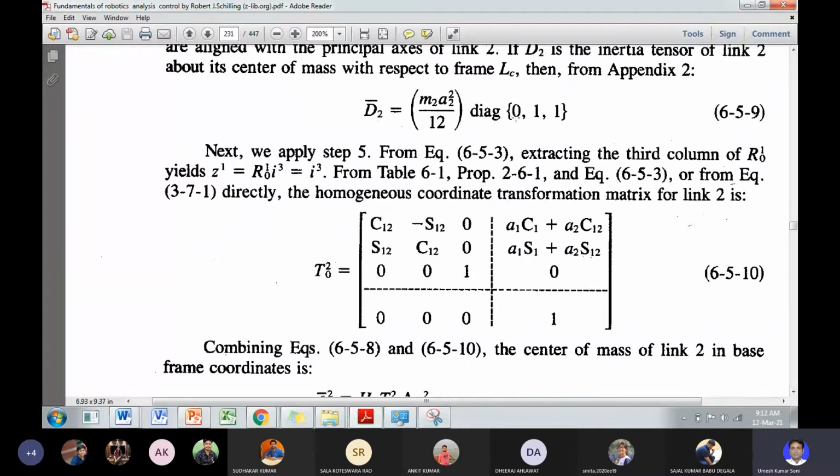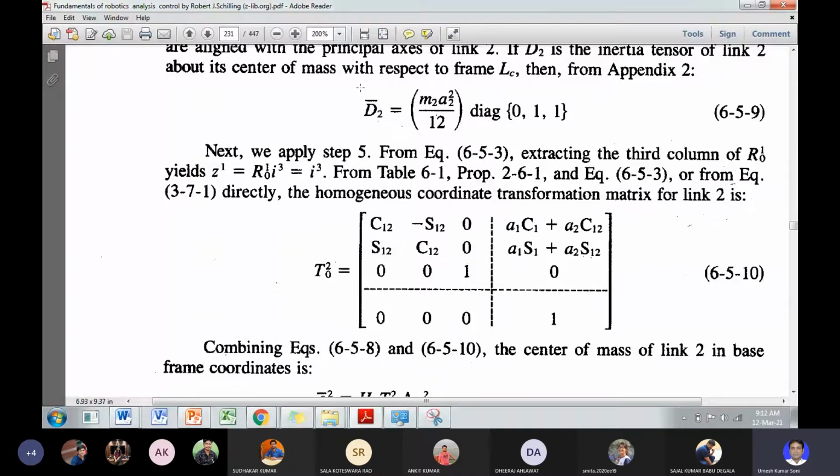This is the equation for D2. So now you calculate D2. This is D2 bar, with respect to the L2 coordinate frame, and now you have to calculate the D2 with respect to base frame.